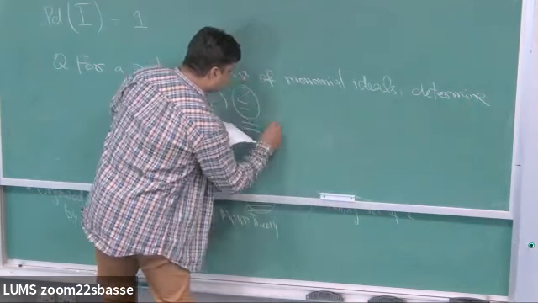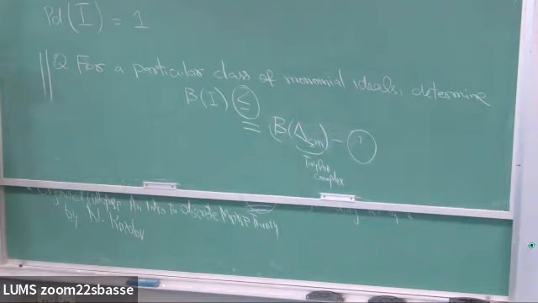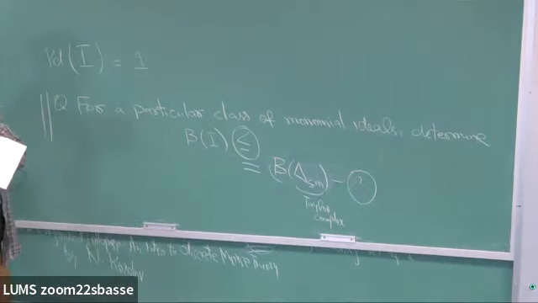One can pick any class of monomial ideals and determine how far the Taylor complex is from being the minimal one.